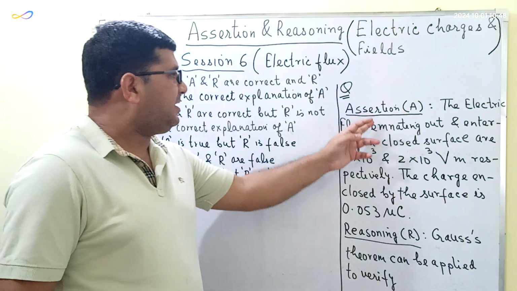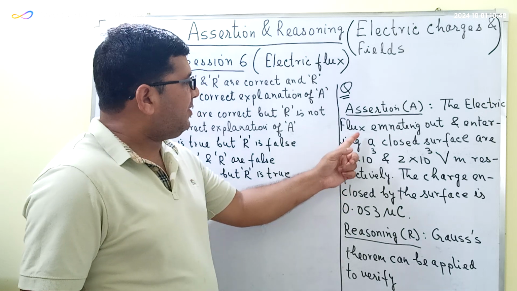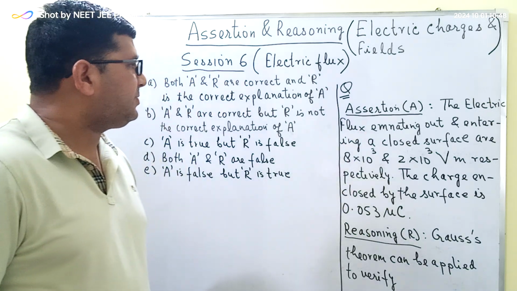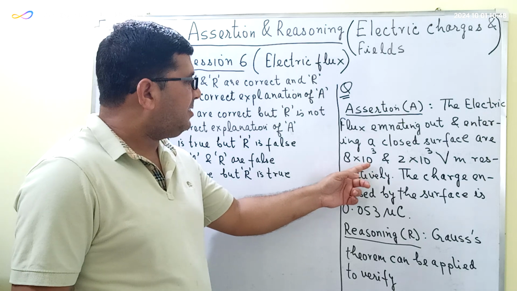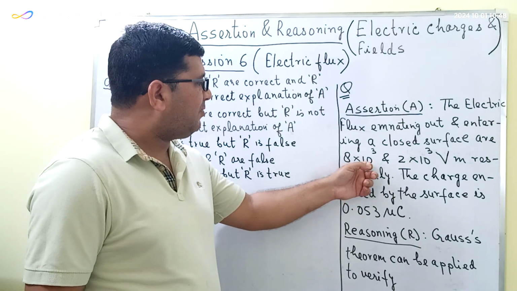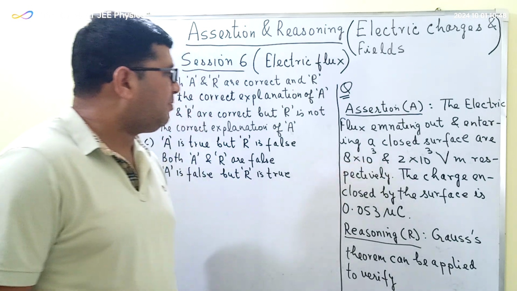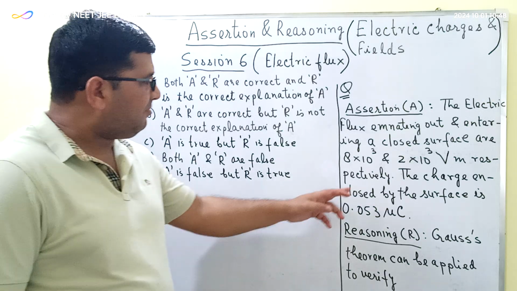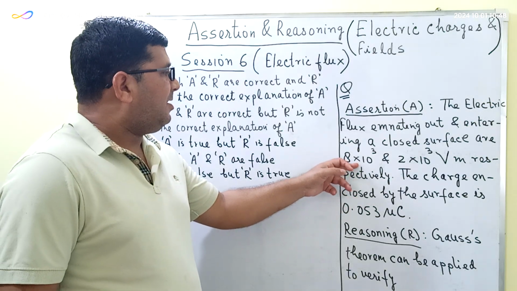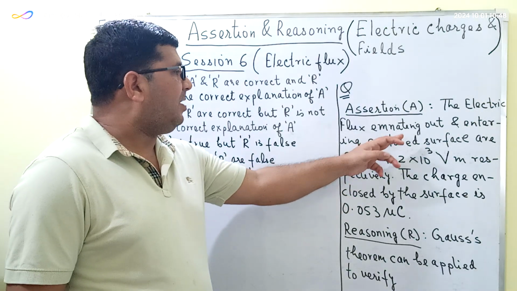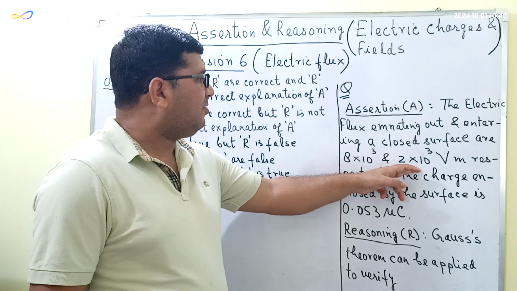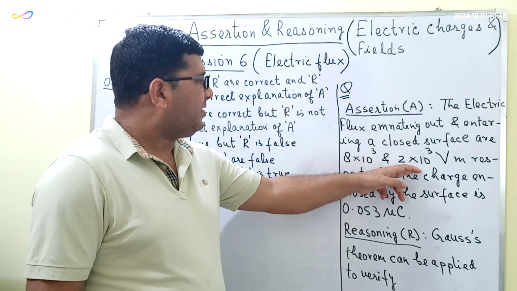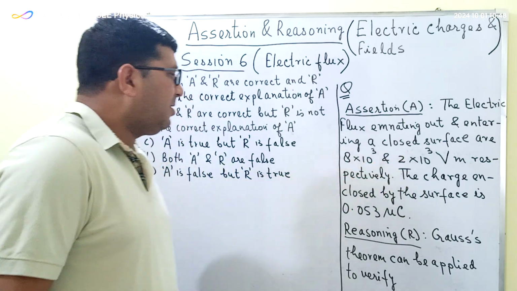So the assertion here is the electric flux which is emanating out and entering a closed surface are 8 into 10 to the power 3 and 2 into 10 to the power 3 voltmeter respectively. So this is the flux which is emanating out of a closed surface, and this is the value of the flux which is entering a closed surface.